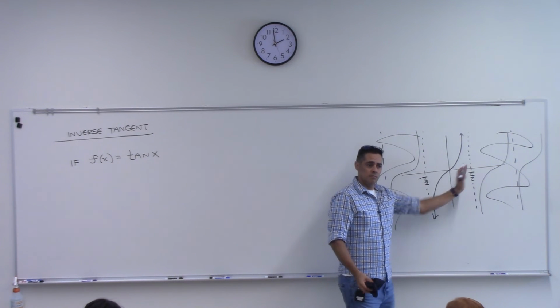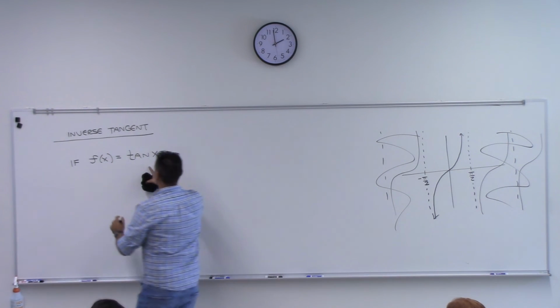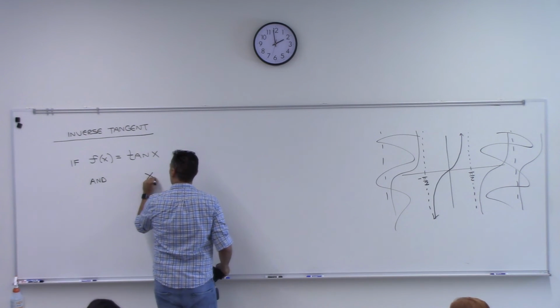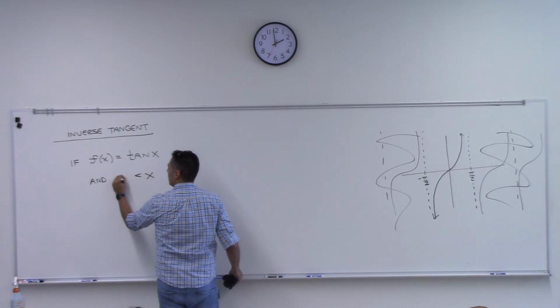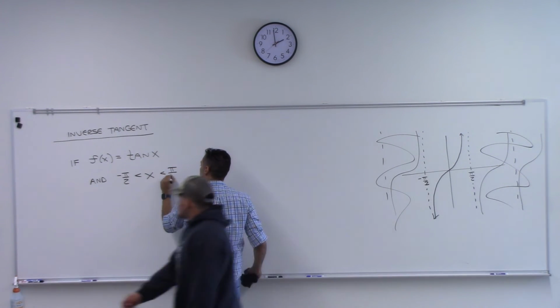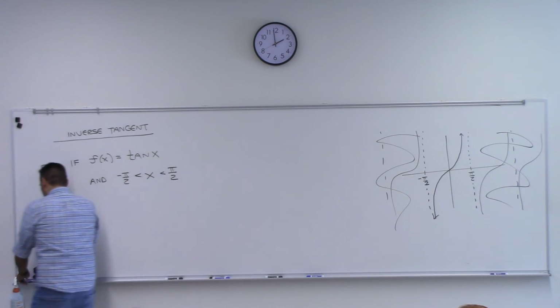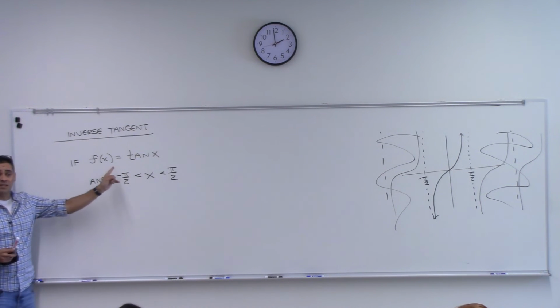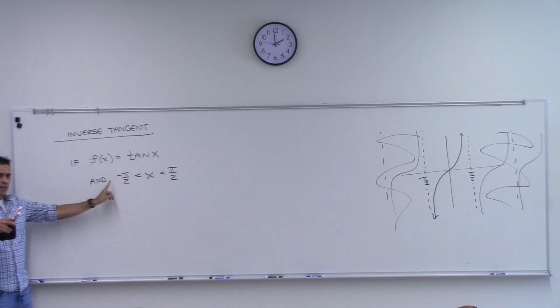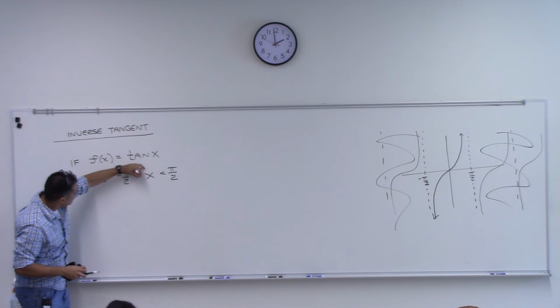Right there? Okay, so if we do this, and we restrict, be careful here, we restrict x between negative pi over 2 and pi over 2. There's one big difference here. This is almost like the sine, right? This is the way we restricted sine. Isn't this what we did? But with sine, go back and look.